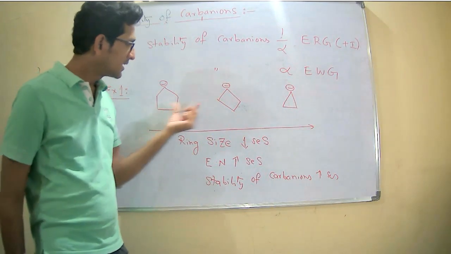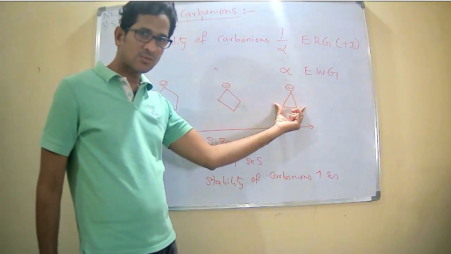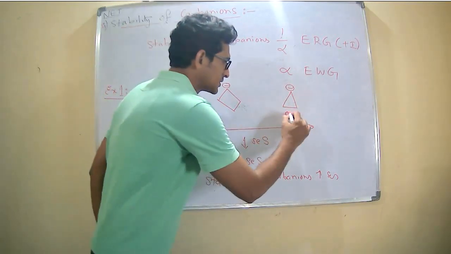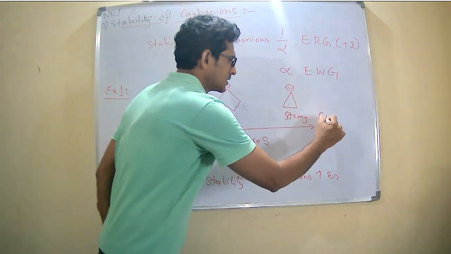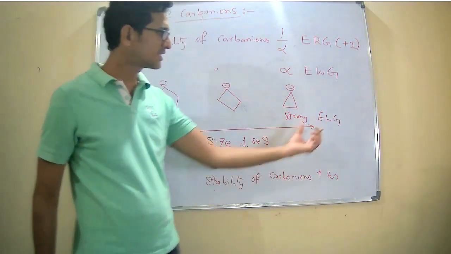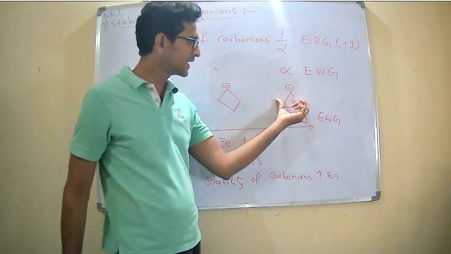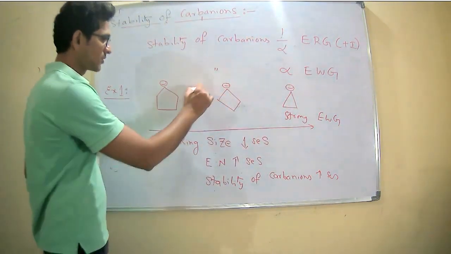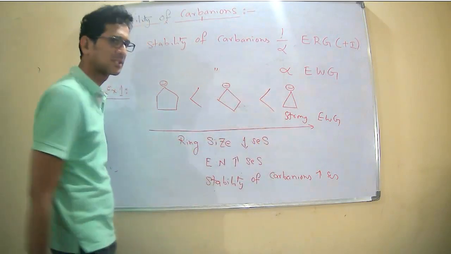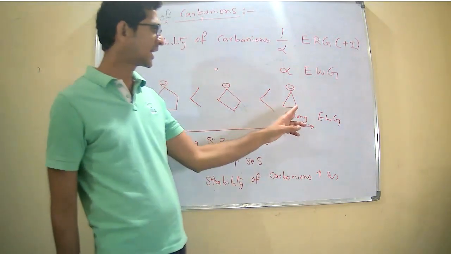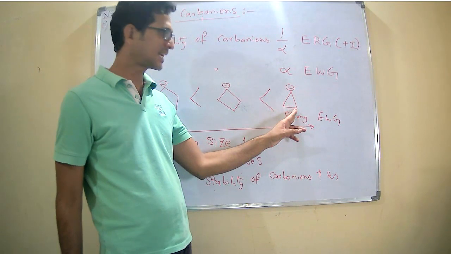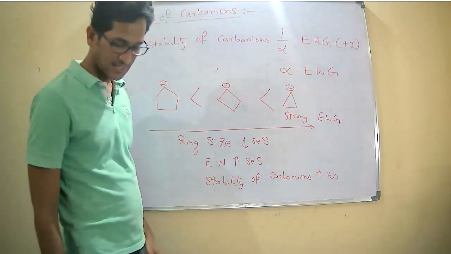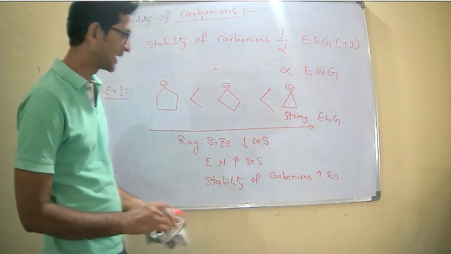Now see here, this is a more electronegative compound, which means a strong electron withdrawing group. Once it is a strong electron withdrawing group, then the stability of the respective carbanion will be more. So the stability of carbanions is the reverse of the stability of carbocations. Cyclopropyl anion is more stable than the cyclopentyl carbanion.